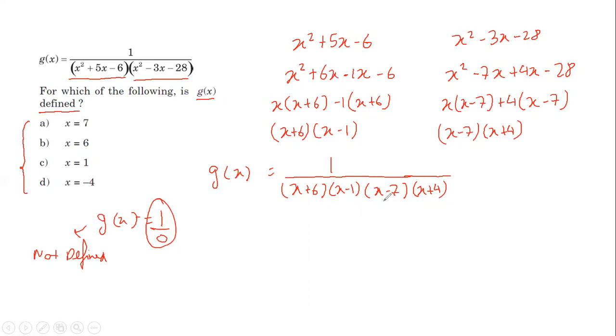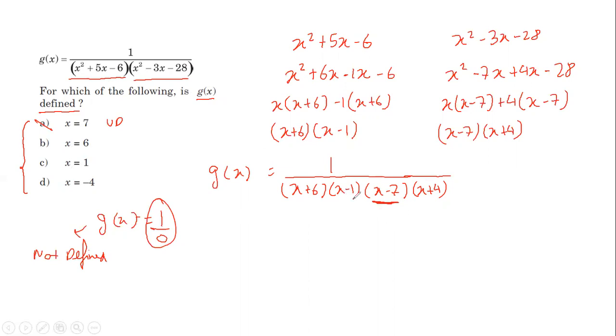If I put x as 7, do you realize 7 minus 7 will become 0, the entire product will become 0 and the denominator will become 0. So here the function will be undefined. If I put x as 6, 6 plus 6, yes, I can see that it won't be 0. But let me check the other options. Option C, x is equal to 1.